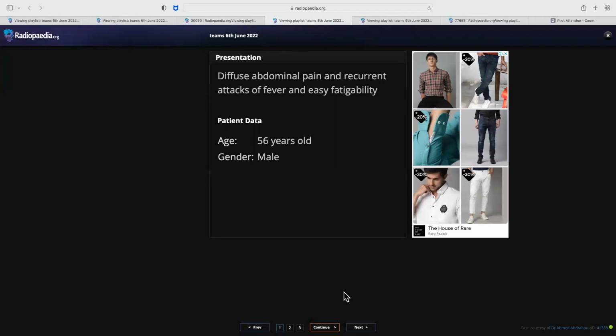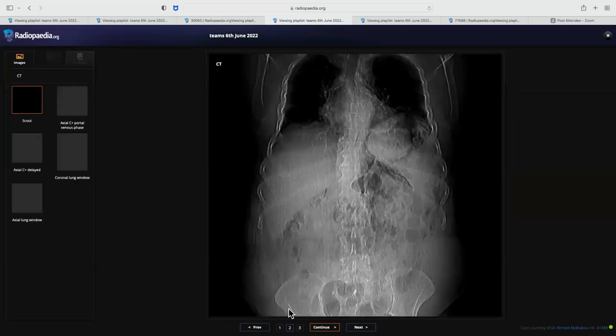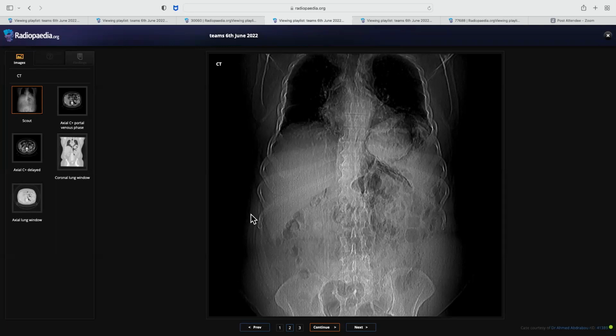So this is a 56-year-old male patient presented with diffuse abdominal pain, recurrent attacks of fever and easy fatigability. So this is a scout image of the CT abdomen and pelvis, where I can notice some streaky air lucencies at the left hypochondrial region, which are quite ill-defined.